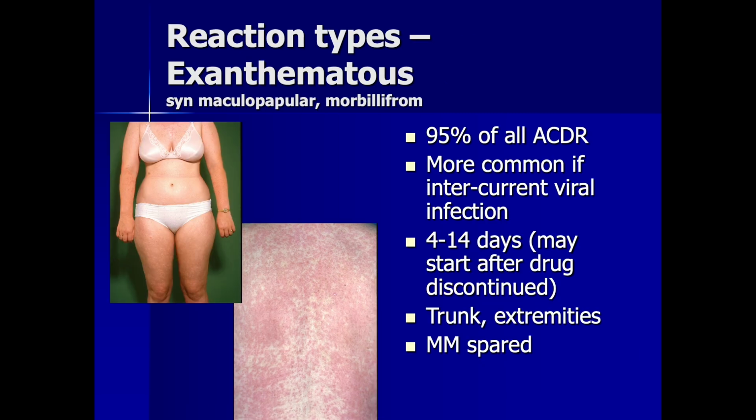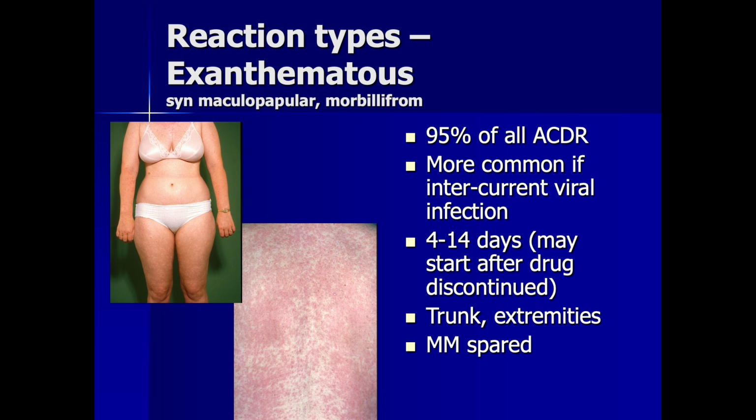So what are the various reaction patterns, the morphological types of drug eruption? Well, the commonest one that we see is an exanthematous reaction, synonyms being maculopapular or morbilliform. Morbilliform means measles-like. And this constitutes 95% of all cutaneous drug reactions.